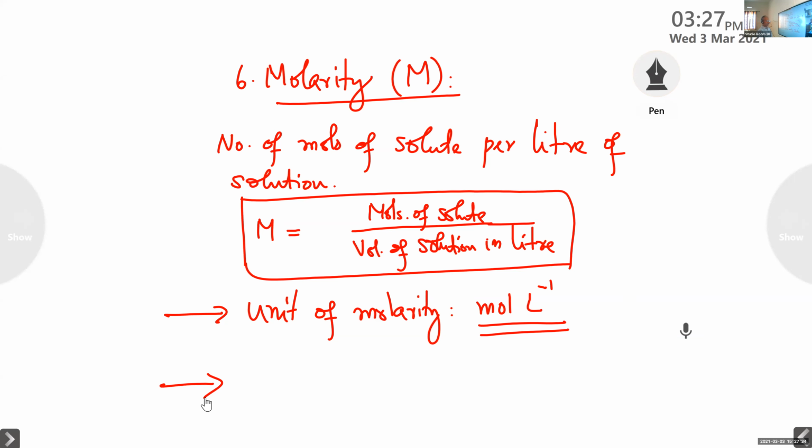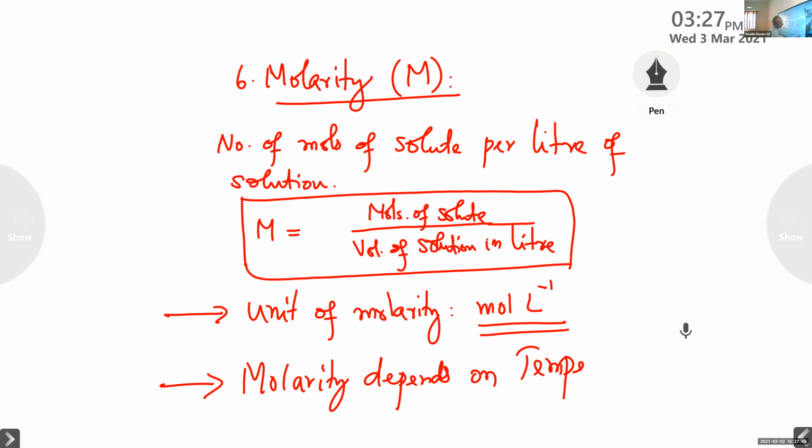Molarity term depends on temperature. That is the limitation, the drawback. The question may be, say you will be given concentration terms like this, parts per million, mole fraction, then molarity, then mass percentage, all these terms will be given.